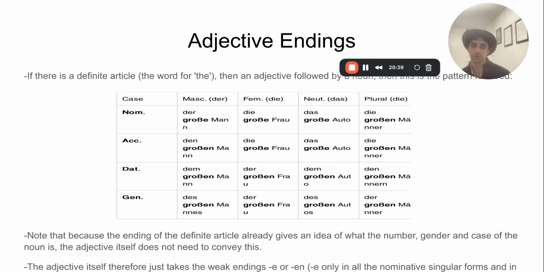So in the nominative, all the nominative singular forms for masculine, feminine, and neuter, and the accusative singular forms for feminine and neuter nouns, but not masculine nouns, that weak ending is simply the letter E. For everything else, apart from what I've just mentioned, the weak ending is en instead. So there's only two endings to choose from and retain here, which is much easier than the previous table.